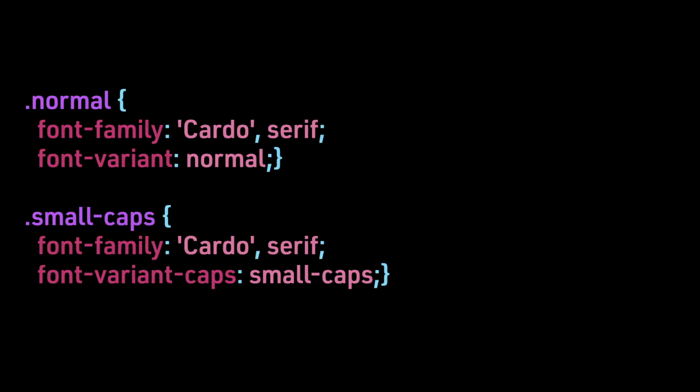And now on to the CSS. One of the issues when using these examples is we have to pick a typeface that supports these special alternate glyphs. So for looking at small caps, we are actually looking at the typeface Cardo.